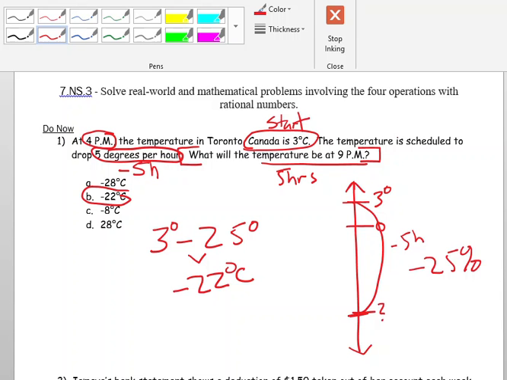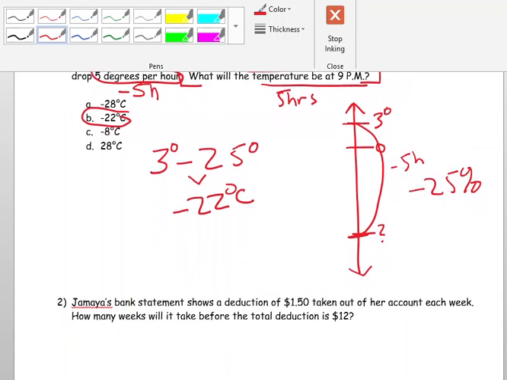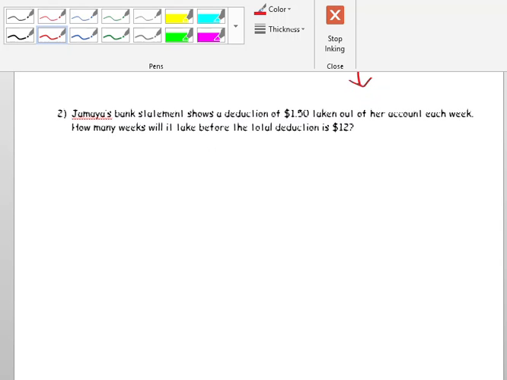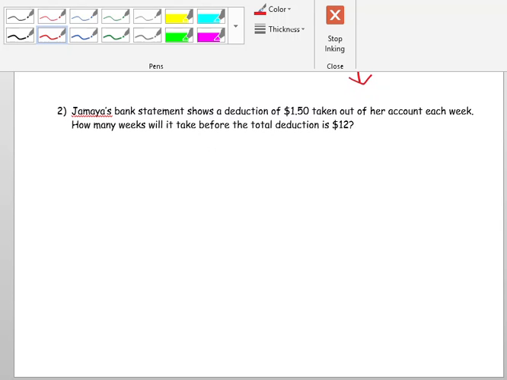Let's take a look at number 2. Jemiah's bank statement shows a deduction of $1.50 taken out of her account each week. So taken out, I'm going to include that here because taken out means that's going to be minus 1.50 each week.